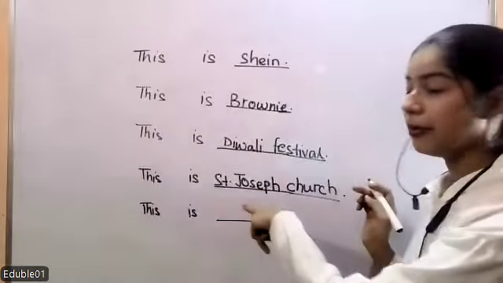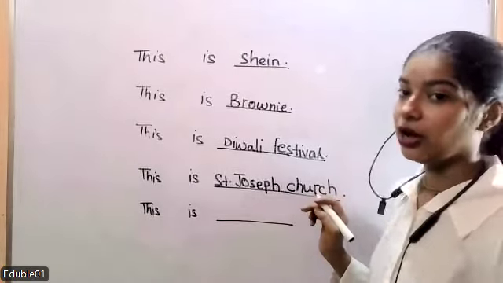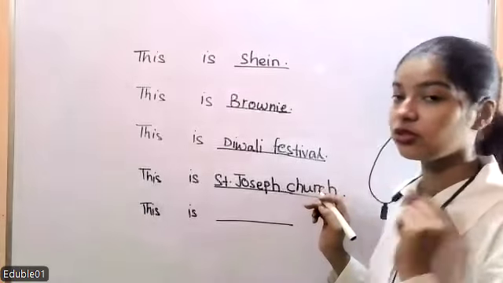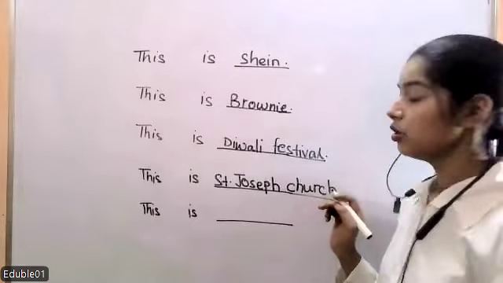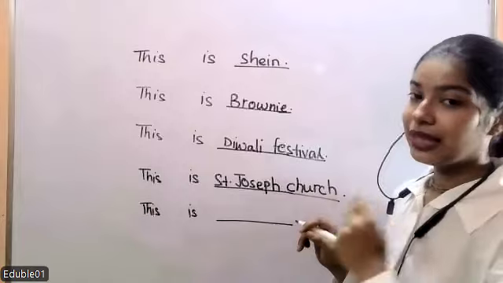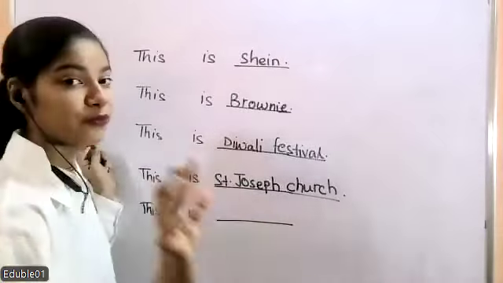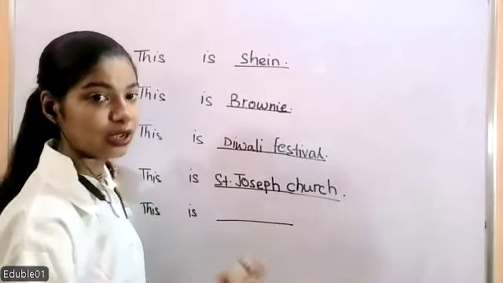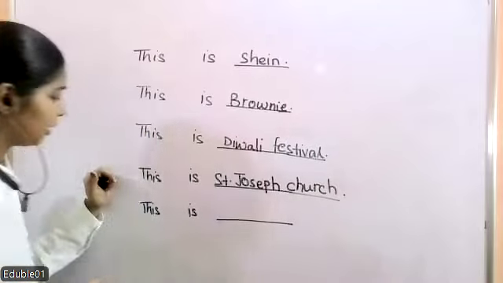So we are talking about a specific place, that is Saint Joseph Church. Now I'm very specific about which church I am talking about. I'm not talking about any random church. I'm just talking about a very specific church. So this is also belonging to some very specific thing or a place, right? Not a thing, but a place, right?